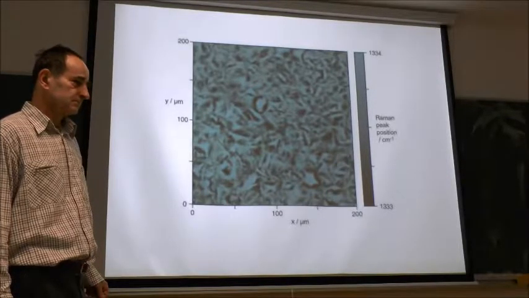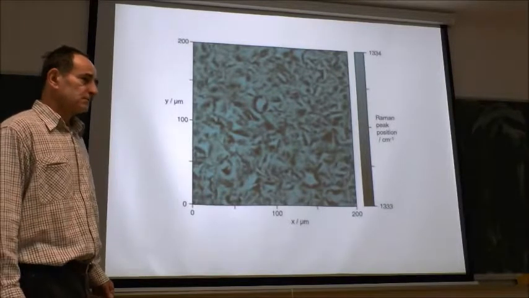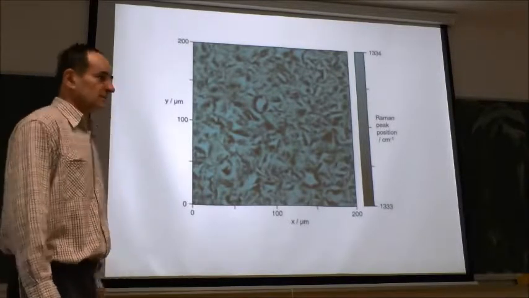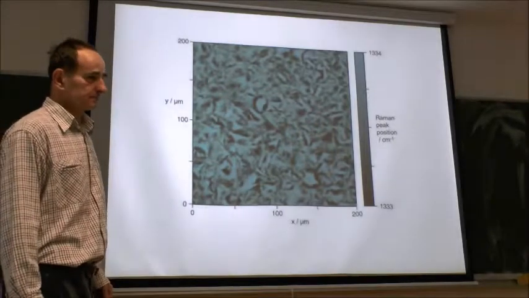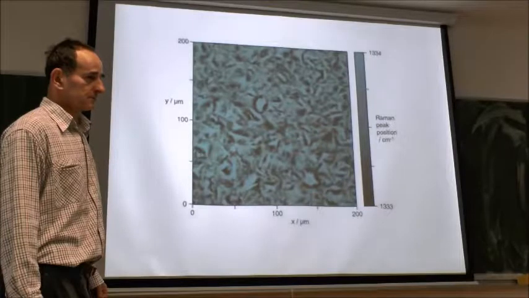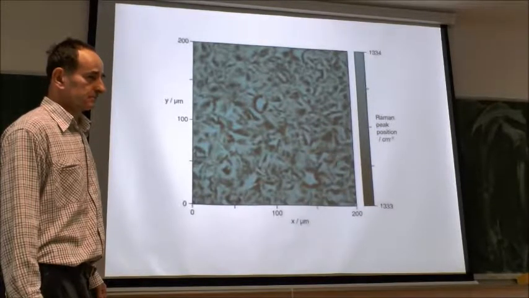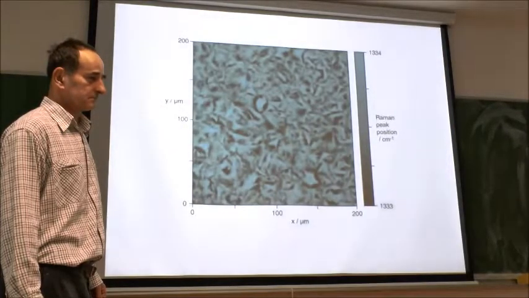Half a micron is the spot size. No, the spot size is from, I don't know, 200 to 600 nanometers. It depends on the laser. But I will tell something about that later. But it doesn't depend on the sample, right? No. Okay.